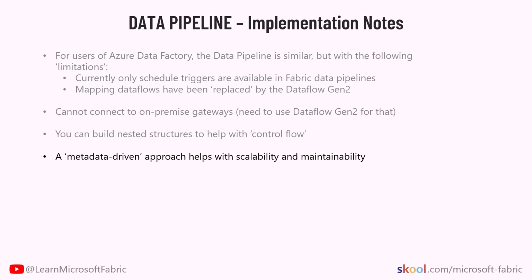Then you just query that lakehouse table, loop through all of the rows, and build a data pipeline on the fly. That's a fairly established approach for dealing with data pipelines in general. And it really helps you to scale up into the tens or hundreds of data pipelines very simply. It also helps with maintainability, of course.